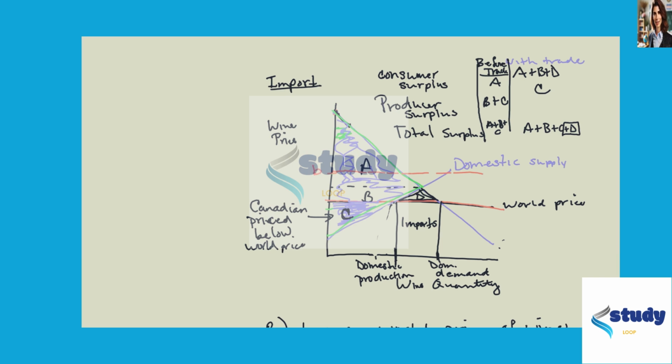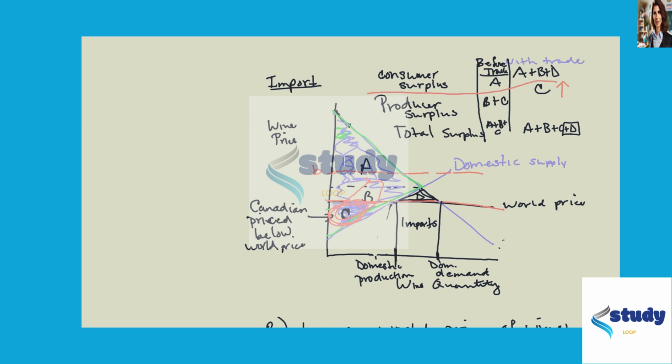For our question B, you can see our A, our B and C. Our C section is going to be bigger. So with part B, I'm going to let you make these changes in red here. Our C is going to increase. Okay, our consumer surplus. So this is our producer surplus.